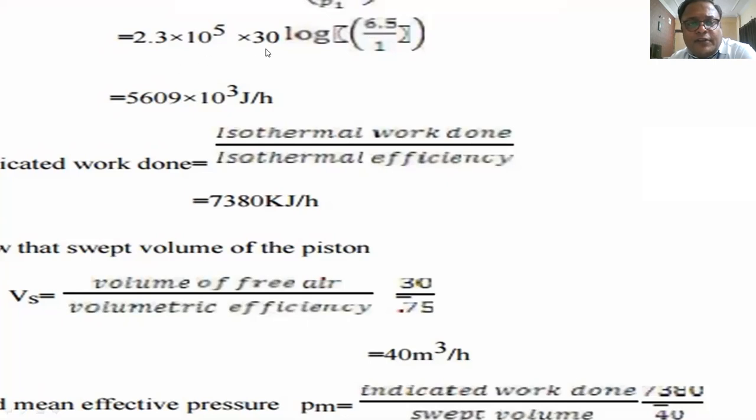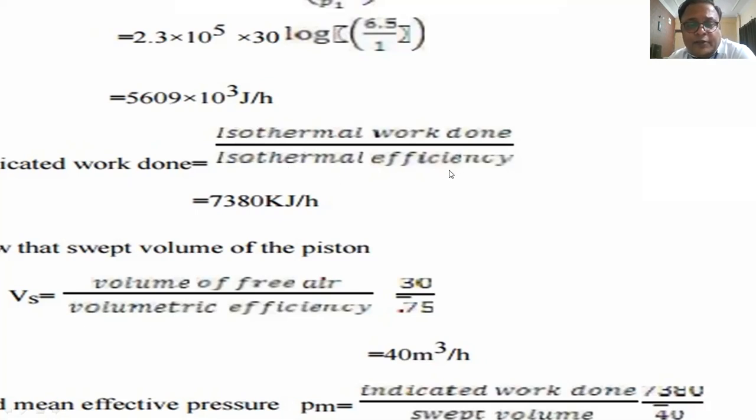Putting in V1 as 30 and the other values, the indicated work done is calculated as 7380 kilojoule per hour, because the isothermal work done comes to 50609 into 10 to the power 3 joule per hour, divided by the isothermal efficiency.